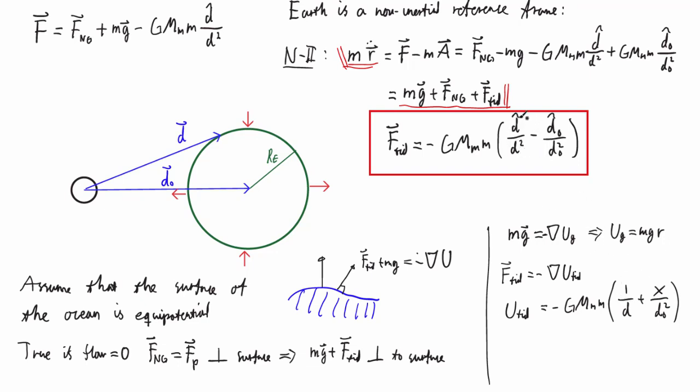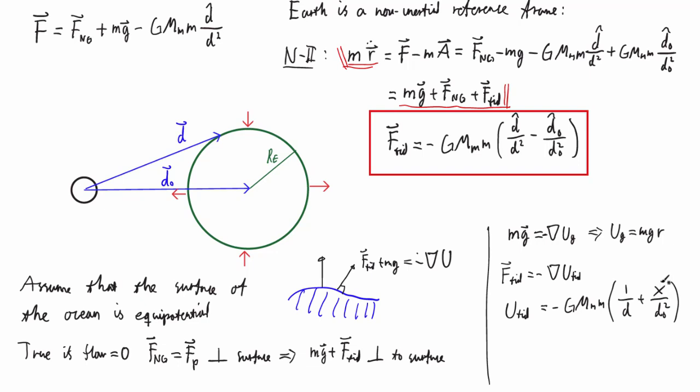First of all, it's kind of easy to see here. D is like a radial variable, so the gradient of 1 over d is going to be d hat over d squared. Just take the derivative of this. D naught hat, on the other hand, is in the x direction. So if we replace d naught hat with x here in the potential and take the gradient of x, we get x hat.